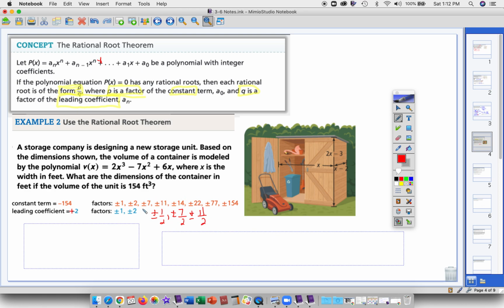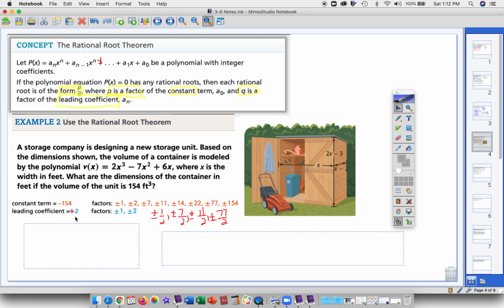We don't need that. 22 over 2 is 11. We already have that. We have 77 over 2 plus or minus. So there's all of the possible rational solutions.